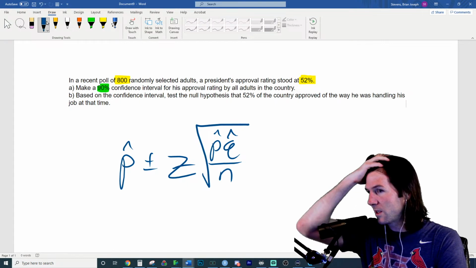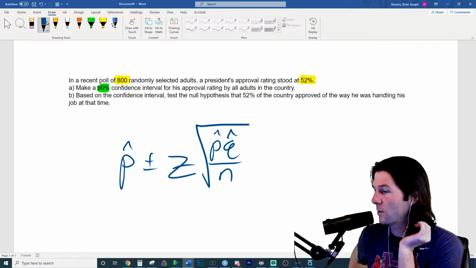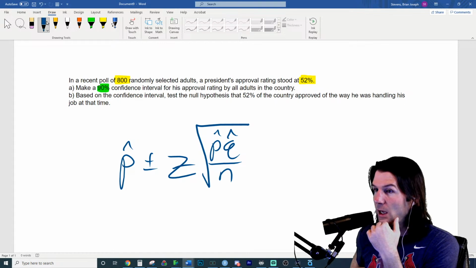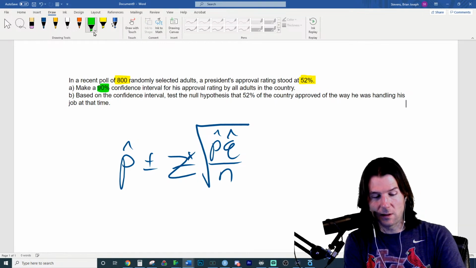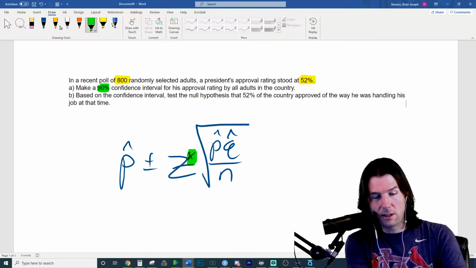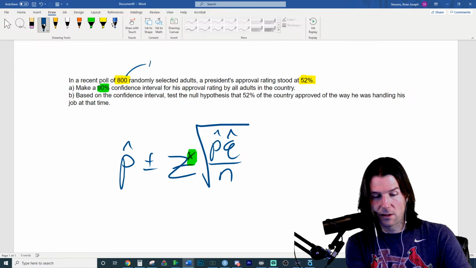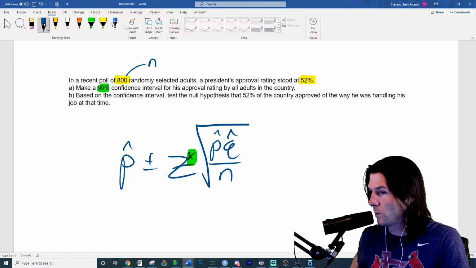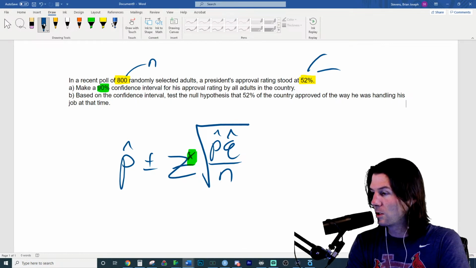One of the best ways to memorize the equations is to understand the components of it. We just basically have a center plus or minus a margin of error. The margin of error consists of a critical value, which can be picked based on the degrees of freedom. Hint, hint. And then we have the standard error. Great job. Yep. Sample size is this. And what else? We're just a few things short right here.